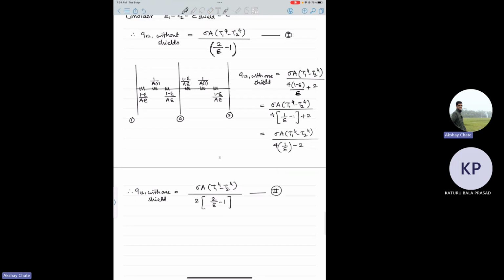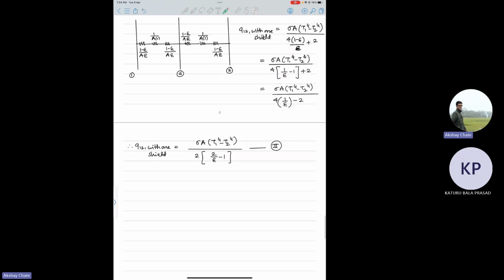So now compare equation 1, which is this equation, and this equation. What you observe here is Q12 with one shield is equal to Q12 without shield divided by 2. So by just putting one shield of the same emissivity, your rate of heat transfer from plate 1 to 2 has reduced by half.